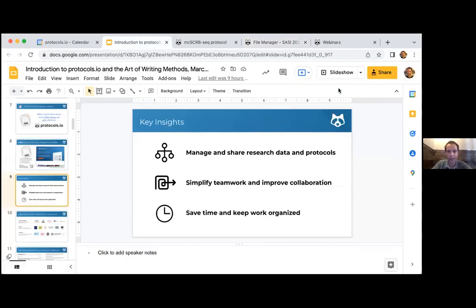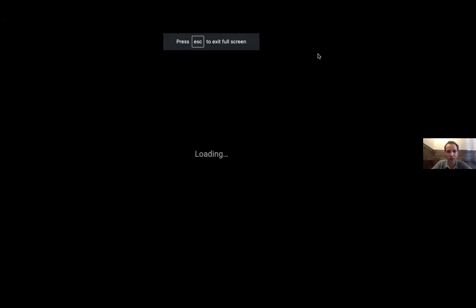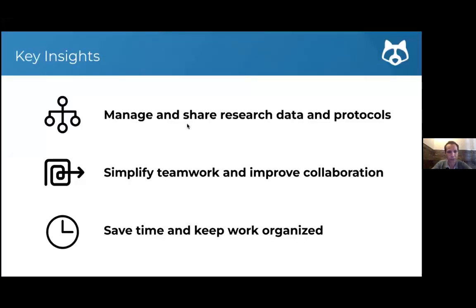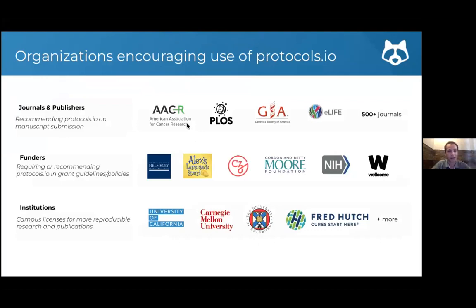All right, and to finish off the first part, I wanted to say that at this point, I think close to 600 journals recommend protocols.io when you are submitting a paper in the author guidelines. There are more and more funders that are recommending or requiring grantees to share their protocols and specifically recommend protocols.io.